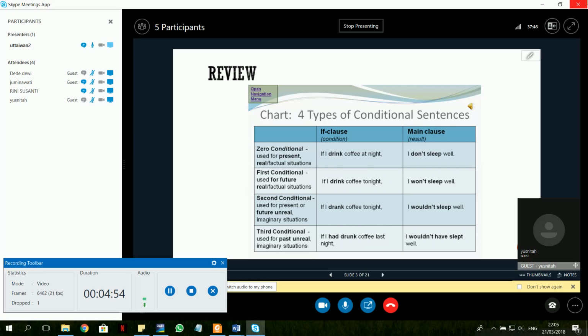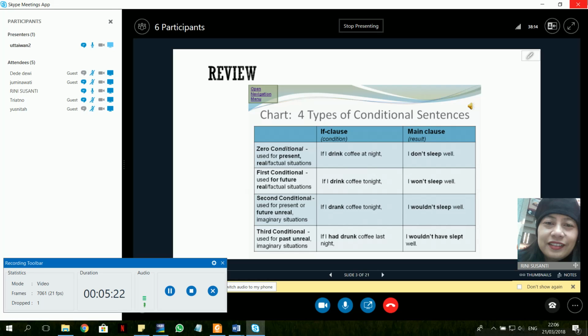So in conditional sentences, is there anyone who still remembers the meaning of conditional sentences? Do you still remember the meaning of conditional sentences in Indonesian? Yep, conditional sentences is kalimat pengandaian.